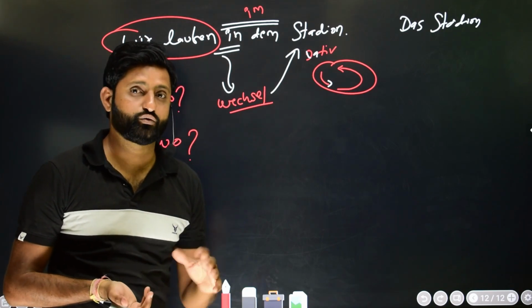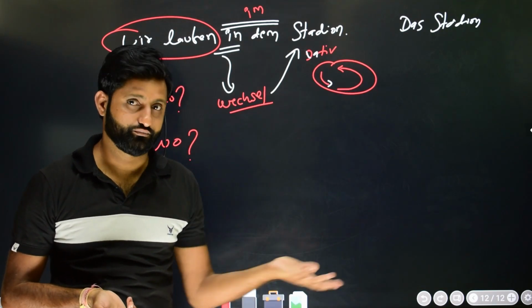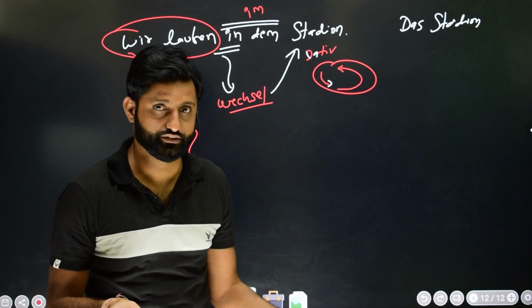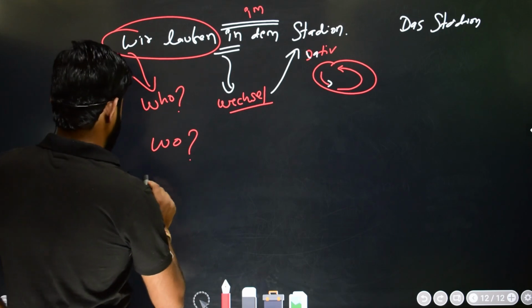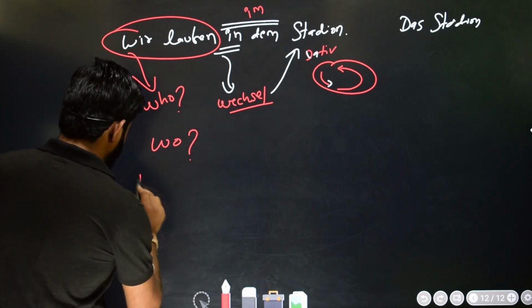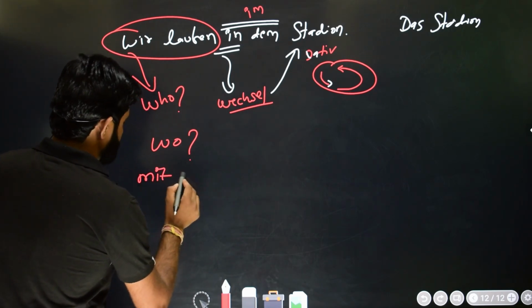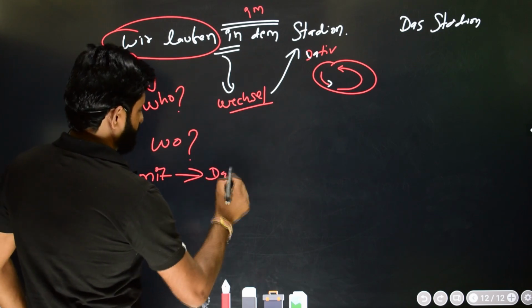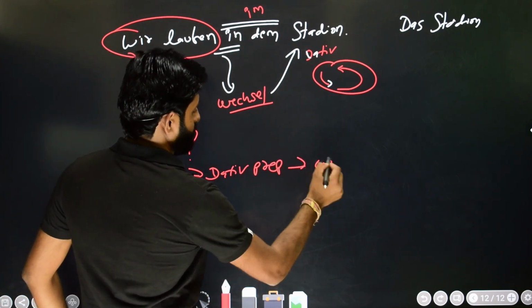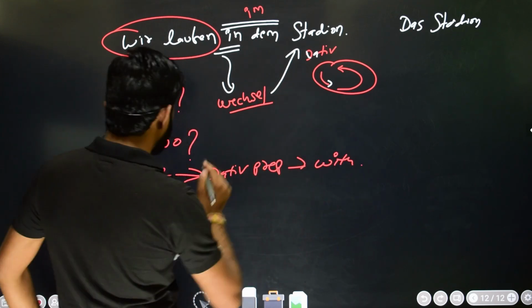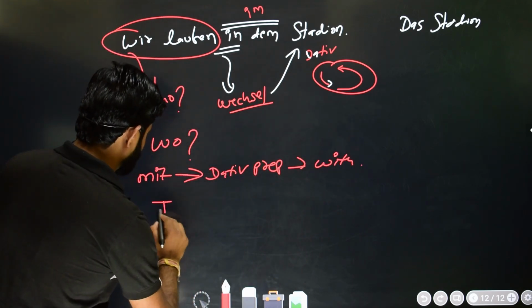Third one was like accusative. Like we had accusative prepositions having the accusative part of the sentence, the same, dative prepositions will have the dative part of the sentence. Like mit. Mit is a dative preposition. It means with. Like I am with you.